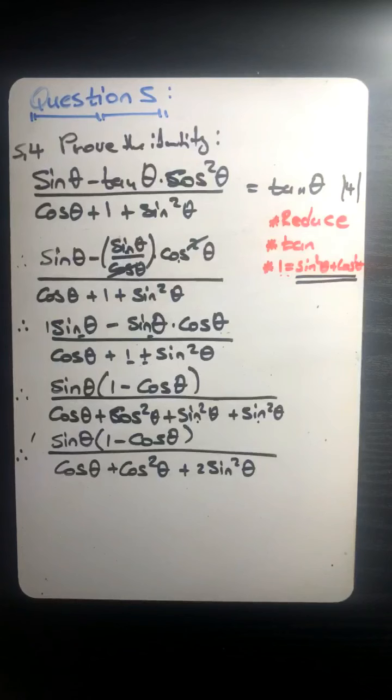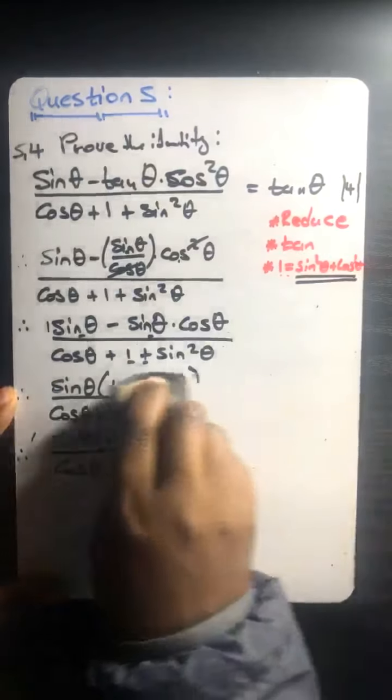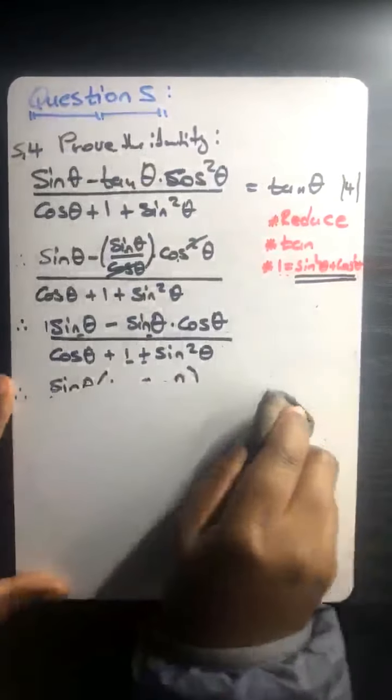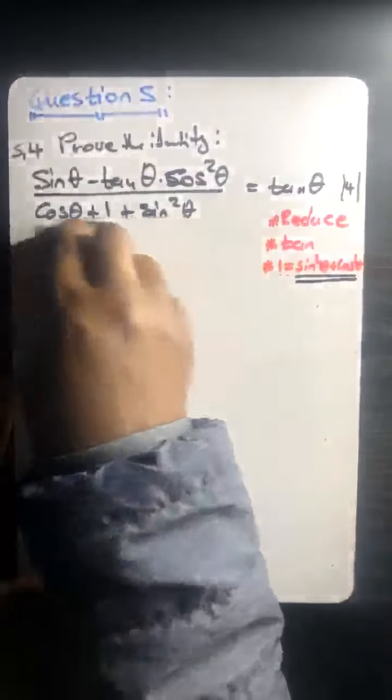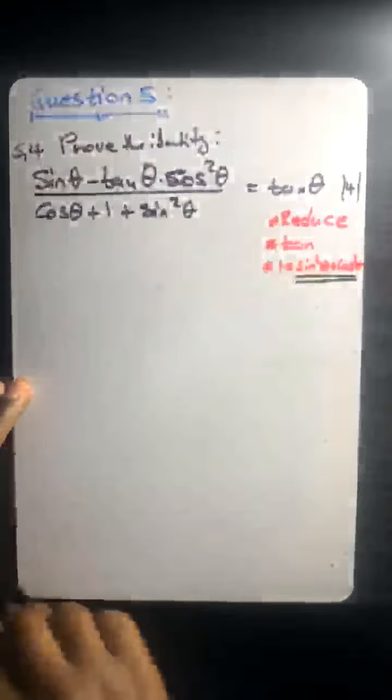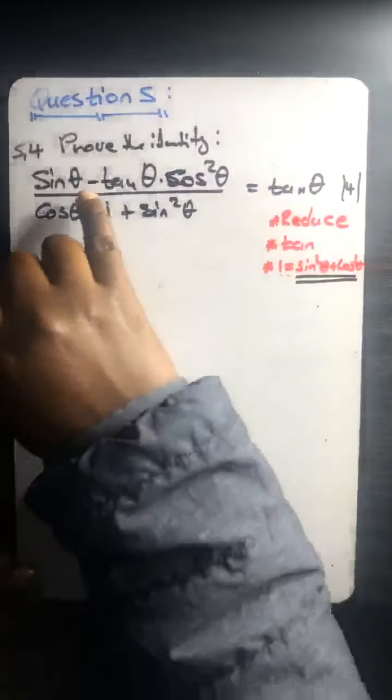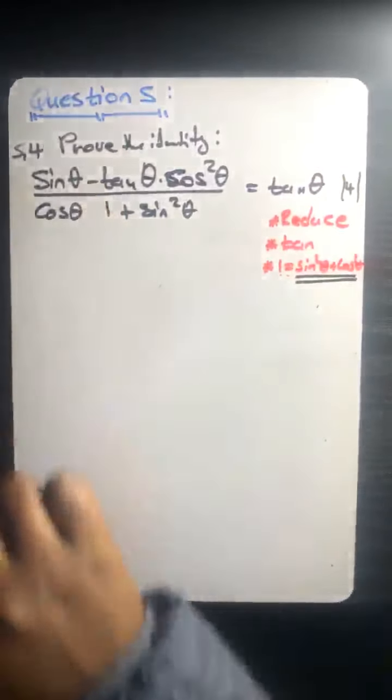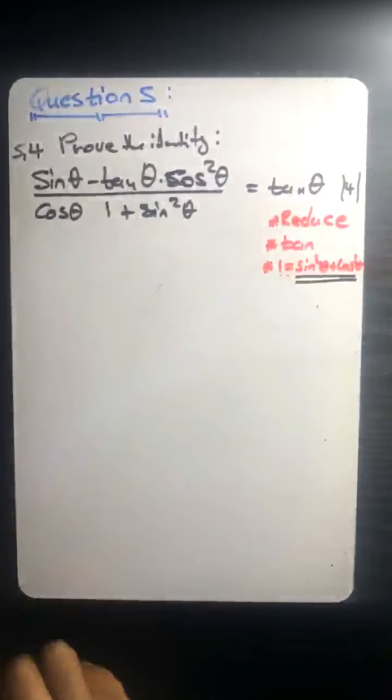Oh, so underneath it's cos theta minus 1, not positive 1. So can you see what happens, Tumza, if you copy the problem incorrectly? It's a minus there and not a plus.